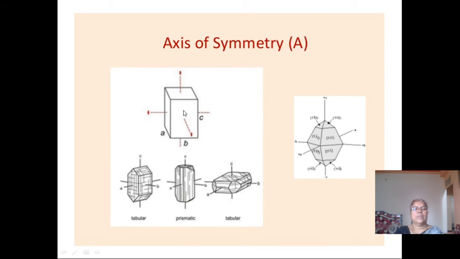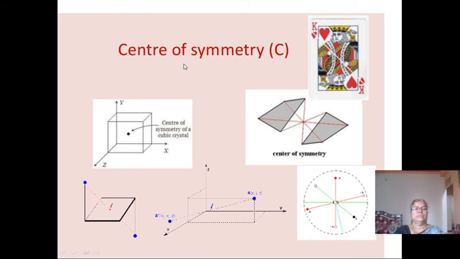These are the axes of symmetry. Then the center of symmetry. Here the center of symmetry means in the crystal there is a point, and that point is in the center of the crystal.